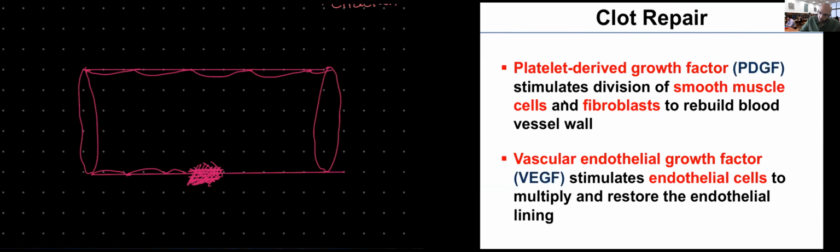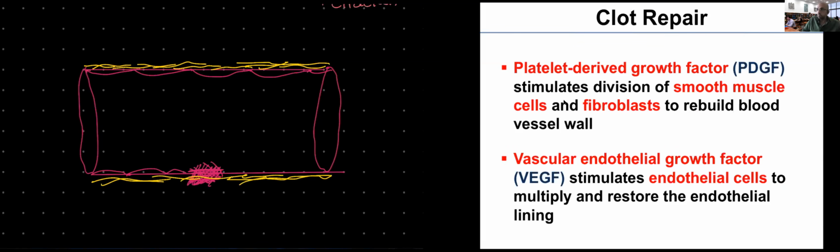Other things that will be located in your blood vessel, if you remember, underlying your epithelium, you've got connective tissue to support the epithelial lining. And the exposure of those collagen fibers to the platelets is what activated the platelets in the first place.